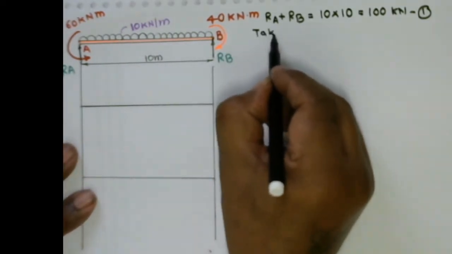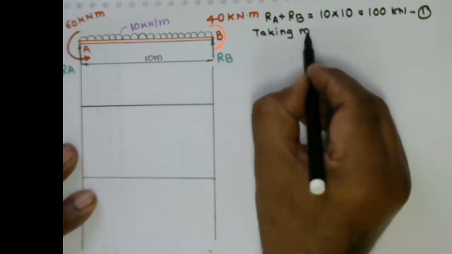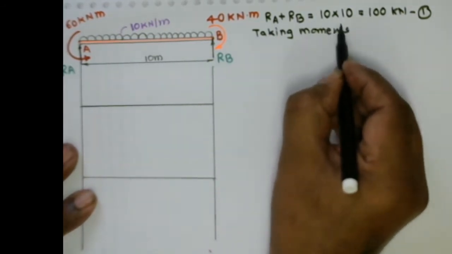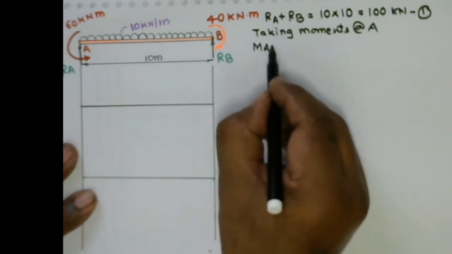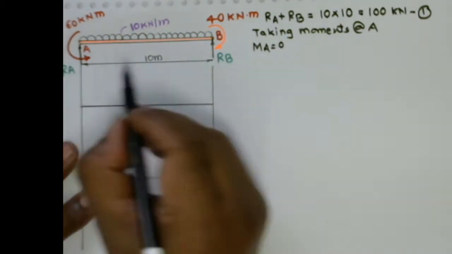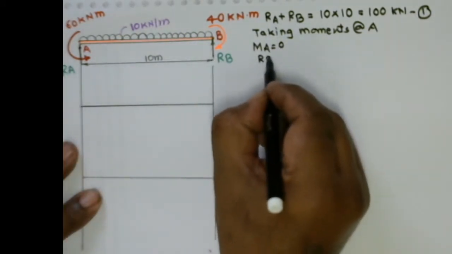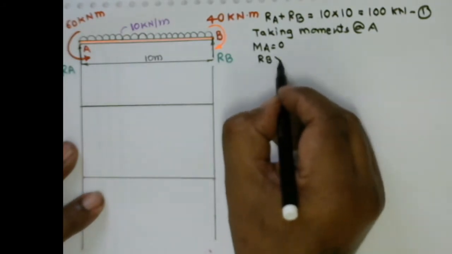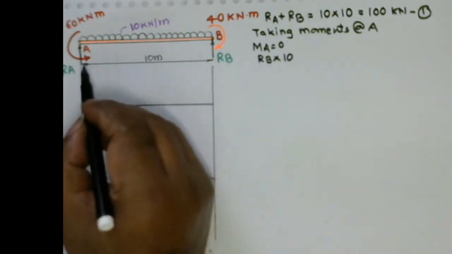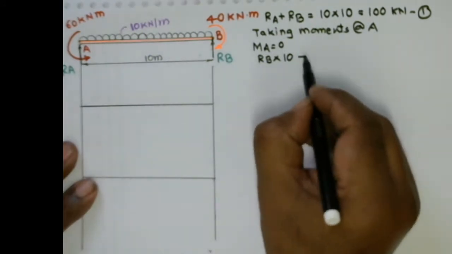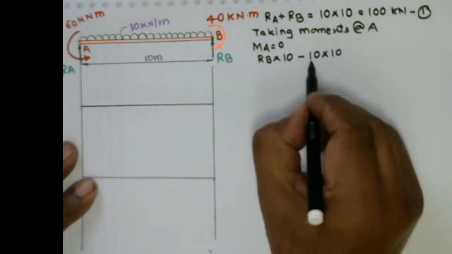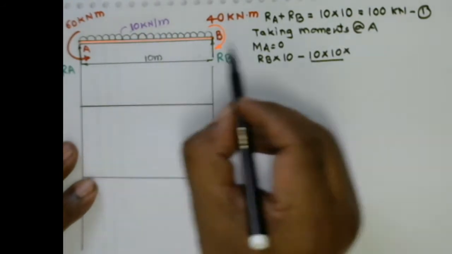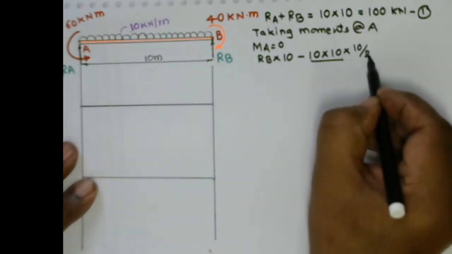So write here, taking moments about the point A and equate with 0. So MA is equal to 0. Start from right to left. RB into 10, its distance up to the point A, that is 10. I am considering the UDL 10, its span is 10, that becomes a load and it is acting at the center, so you write here 10 by 2.